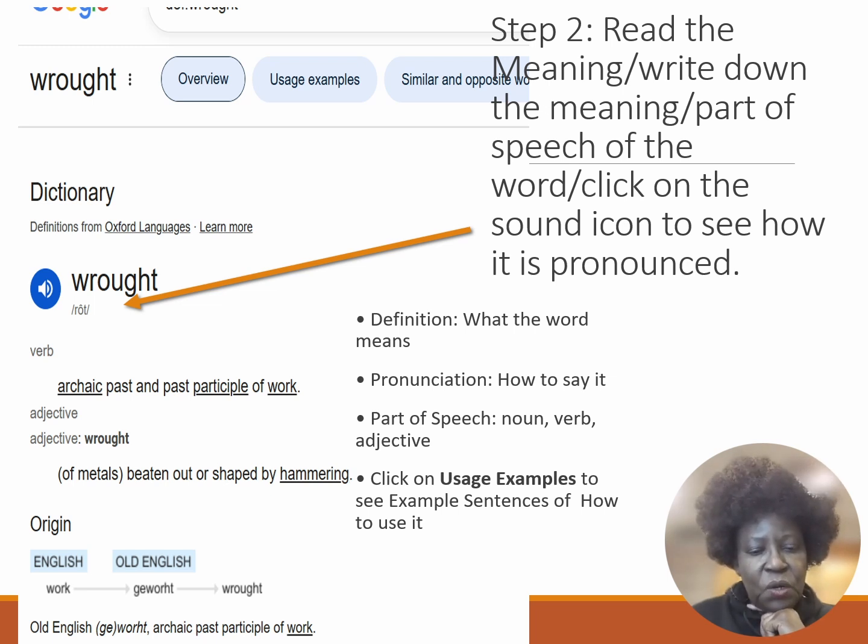Okay, so the word wrought means to beat out or to put into some sort of shape. So you know that iron, once you put it in the fire, you can shape it, mold it however you want it to be. Okay, so that's the word wrought and how to access it online.